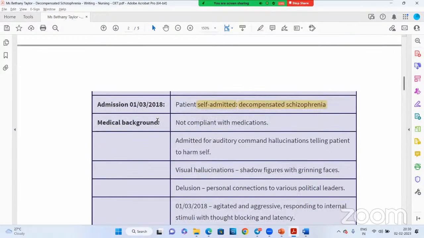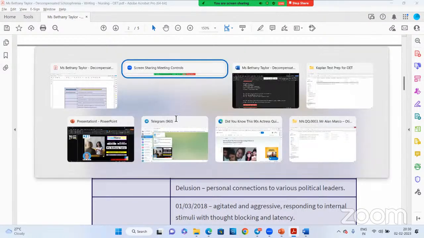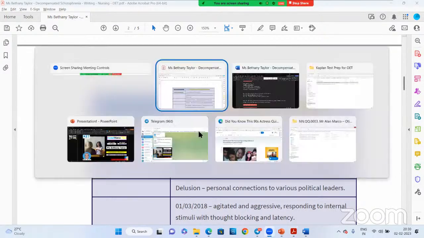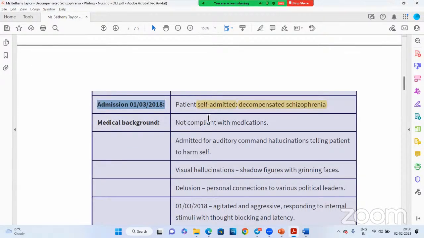Now, when was she admitted? On 1st March 2018. She was admitted on 1st March 2018. So let us take this one. Now, why was she in this condition? Maybe because of this reason.